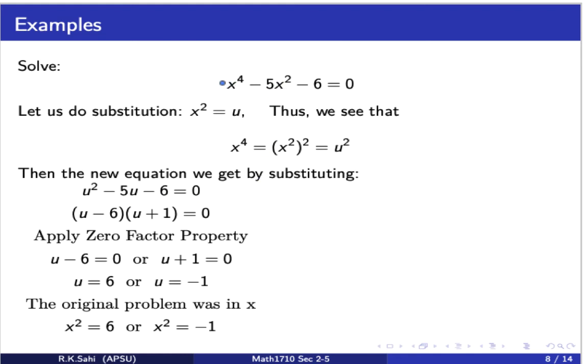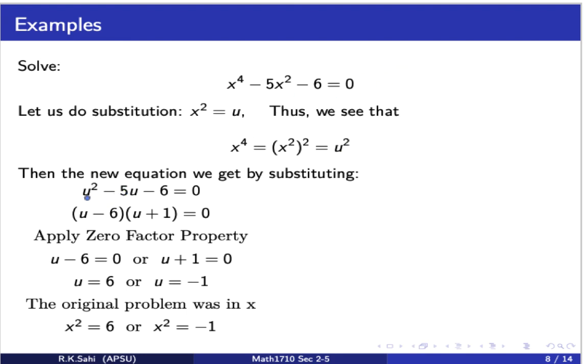Notice this x to the power 4 is nothing but x squared square. So if I say let x squared be u, then what happens to x to the power 4? It becomes u squared. So when we substitute this u squared and u in the original problem, what do we get?